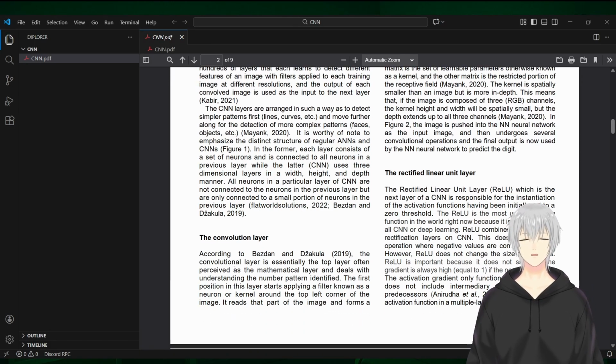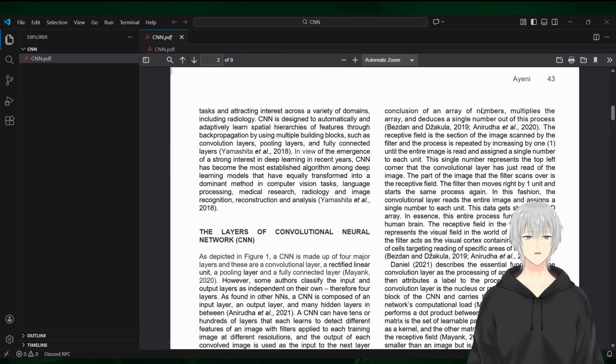According to convolution, the top layer of the perceptive multilayer understands a number of patterns. The neuron or kernel on the top left corner of the image performs a convolution, multiplying arrays of numbers.